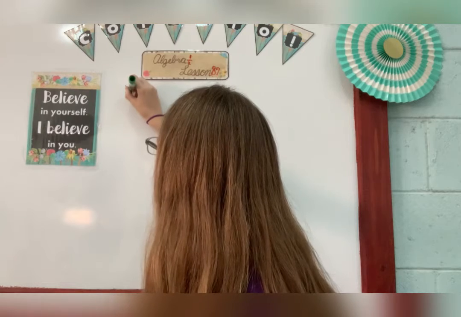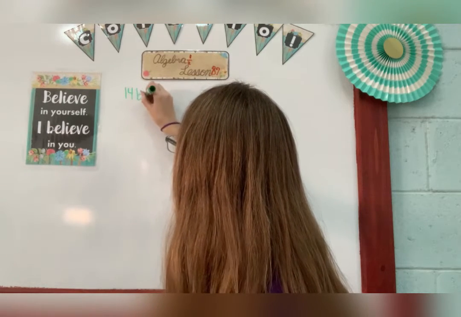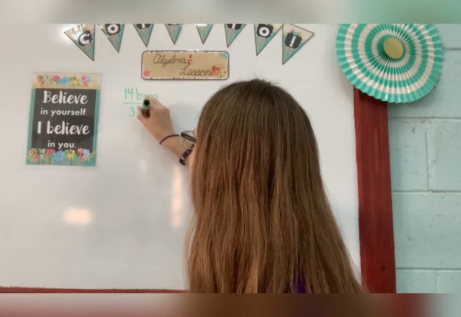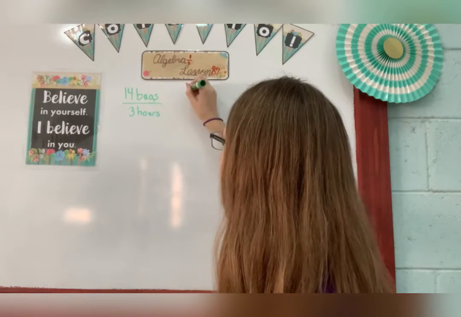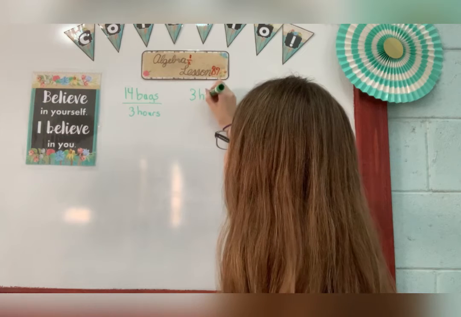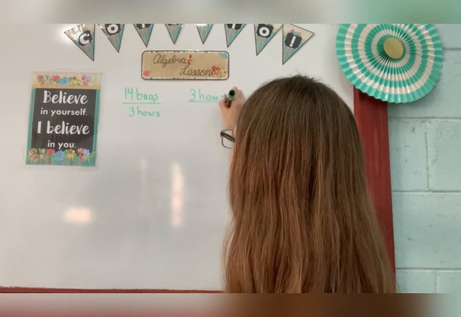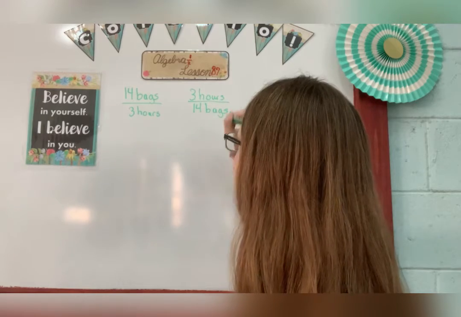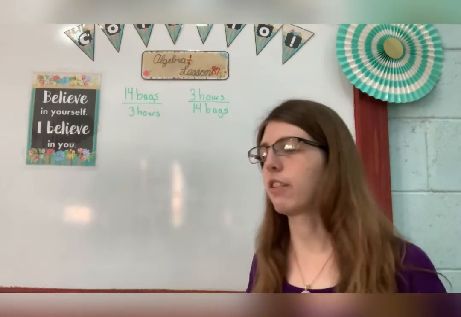So the rates that I would get, it says that we fill 14 bags in 3 hours, or it could be written as 3 hours to fill 14 bags. Same rate, just depends on what you're looking for.